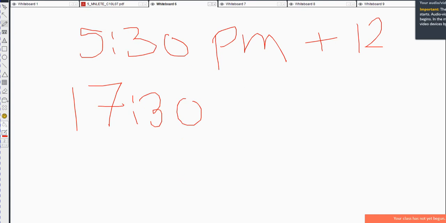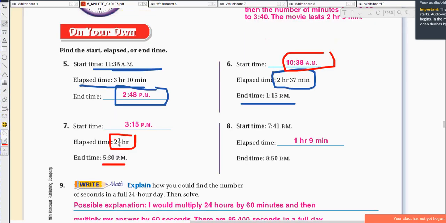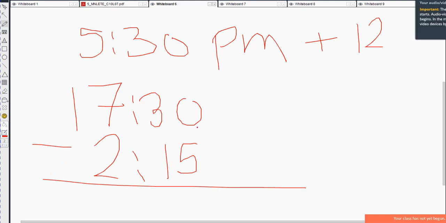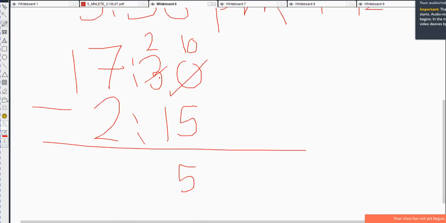Okay, after that we want to subtract 2¼ hours. 2¼ hours means 2 and how many minutes? A quarter hour equals 15 minutes. Minus: 0 can't be, so it will be here just 2, and this will be 10, and here 5. 2 minus 1 equals 1. 7 minus 2 equals 5 and 1.